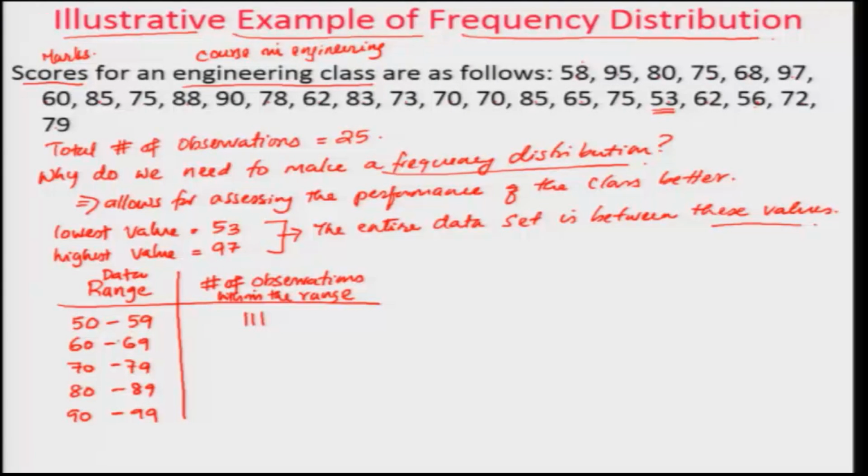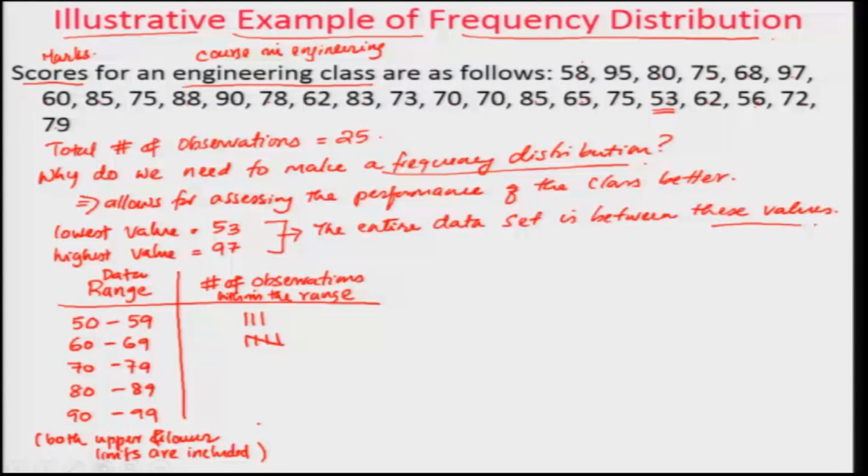In this data range, both upper and lower limits are included. So, consider it that way. So, 60 will be included in this one. Let us say there is a 68, 1, 2, then 3, 4 and 5. So, there are 5 of them, 5 observations.